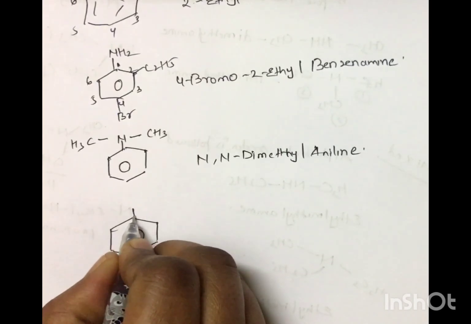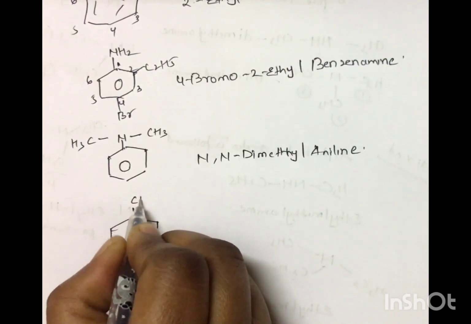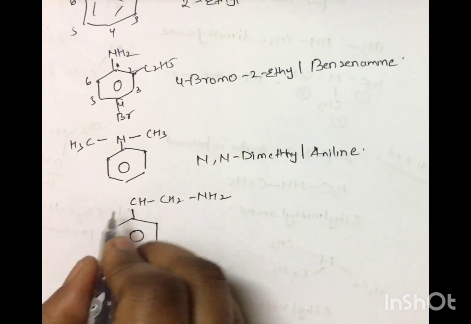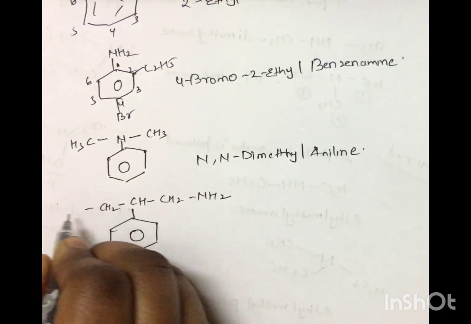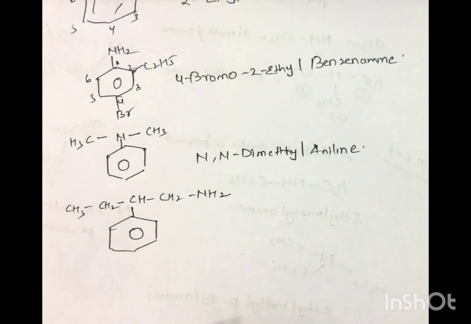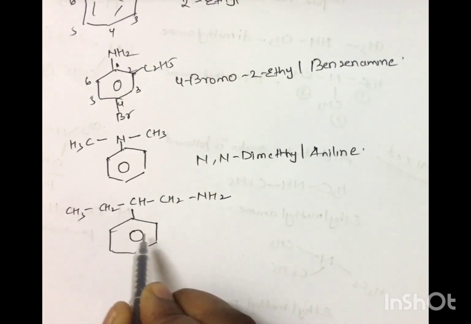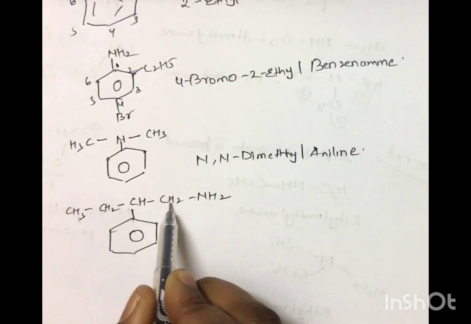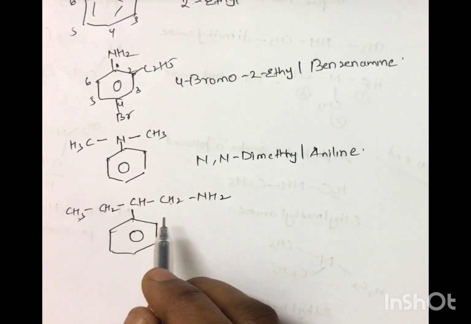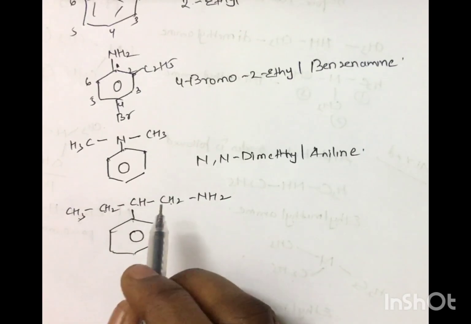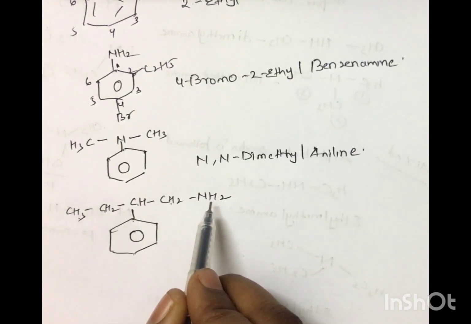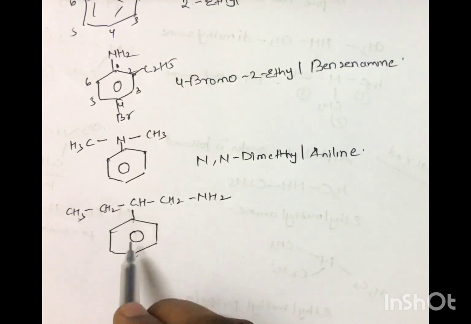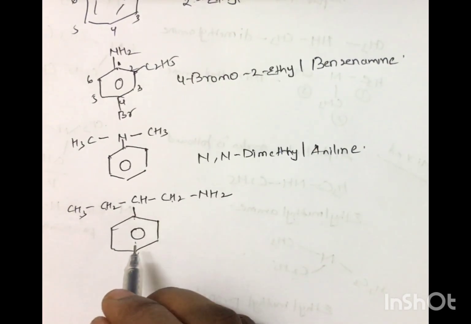This is a phenyl group attached to the second carbon. This is the amine present, and to this there is one CH2 and CH3. In the benzene ring there are 6 carbons, but here the carbon chain of 4 carbons attached directly to the nitrogen becomes the parent chain, and the phenyl attached to the carbon becomes the substituent.